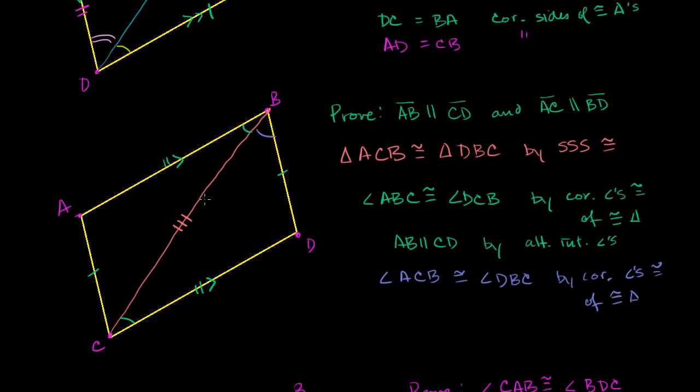So we're just saying that this angle is equal to that angle. Well, once again, these could be alternate interior angles. This is a transversal, and here are two lines, which we're not sure whether they're parallel. But because the alternate interior angles are congruent, we know that they are parallel. So this is parallel to that. So we know that AC is parallel to BD by alternate interior angles.